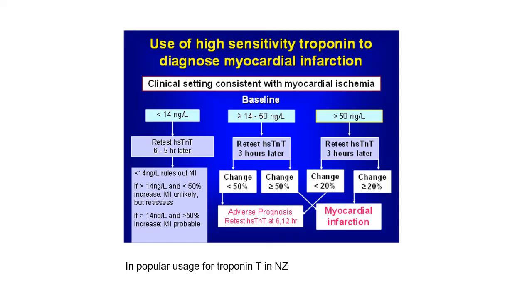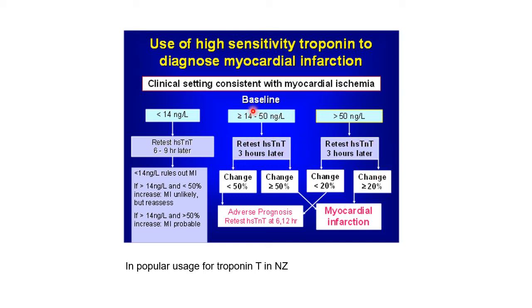And this is an algorithm for application of high sensitivity troponin T, which I know is in widespread usage in many centres in New Zealand. So the interpretation depends on your baseline troponin, retesting after 3 hours.